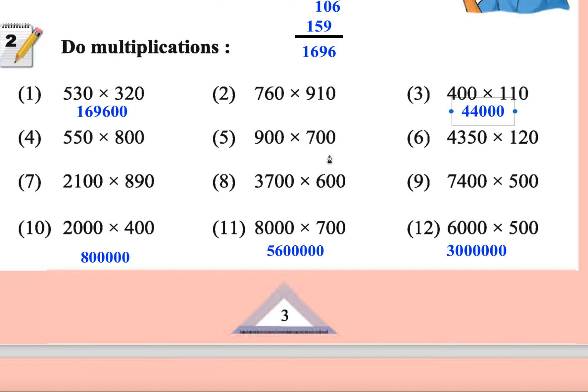Okay. This also we can write directly. 9 7s are 63. How many zeros are left out? 4 zeros. 1 2 3 4. Okay, 6 lakhs 30,000.